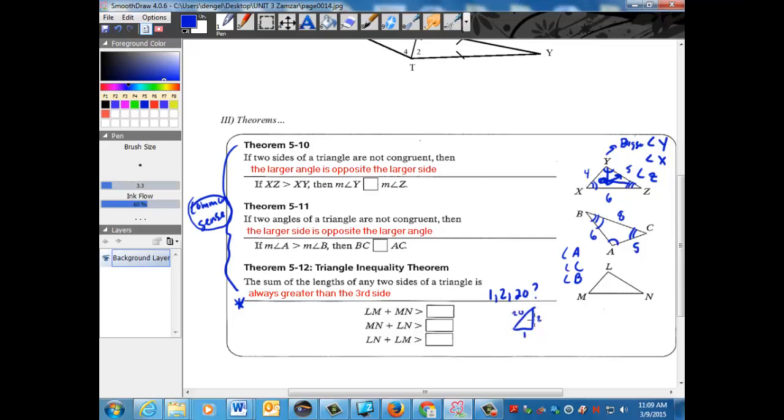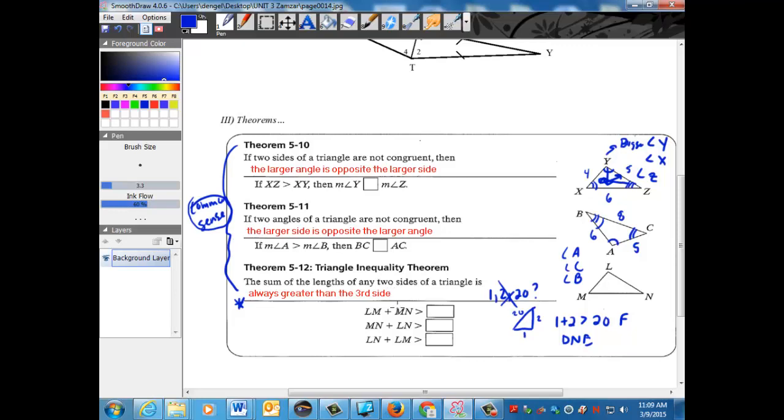Well, no. There's no way that's going to be humanly possible. We can't have side lengths of 1 and 2 and then have 20. It's just not going to work. The reason why this won't work is that 1 plus 2 has to be greater than that third side, and it's clearly not greater than 20. This would be false. Therefore, this triangle does not exist.